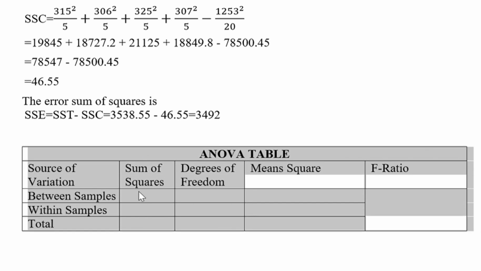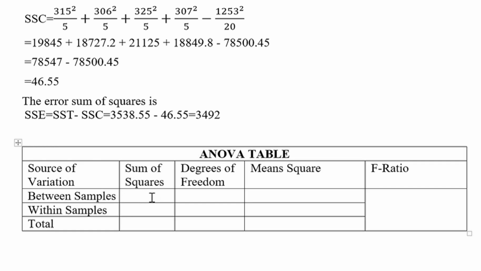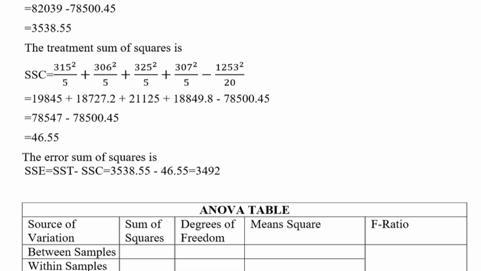The first one was SSC, which we calculated and found to be 46.55. Then the next was SSE, which we have just calculated, and SST, which was the first one we calculated. Its value is up here. So when we fill them in, we get that.